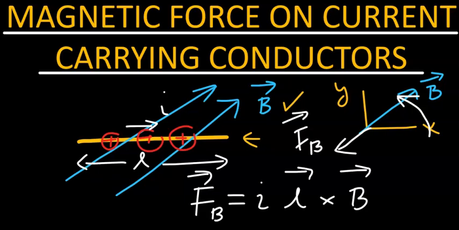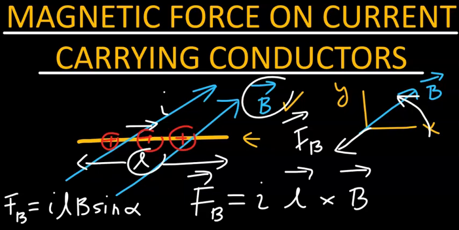Another thing to note, the magnitude of this magnetic force is quite simply I times the length of the conductor times the magnitude of the magnetic field times the sine of the angle between the length vector and the magnetic field vector. In this case, that's the angle alpha.